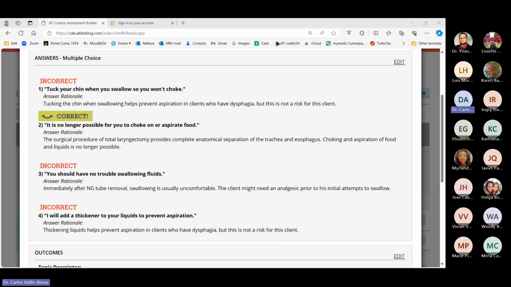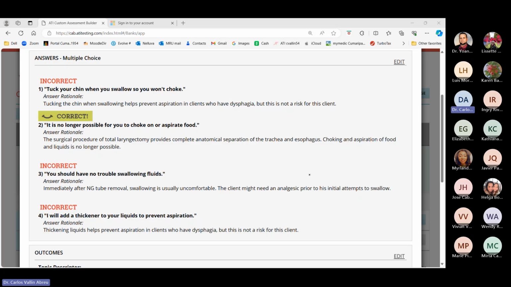Yes, it is true. But when you have a laryngectomy, they eliminate the larynx. So now the larynx is going to be a cul-de-sac. The larynx is going to be closed here, no more larynx, and the trachea is here. Now you have here a hole called a tracheostomy, through which a tracheostomy tube is needed for the rest of your life.